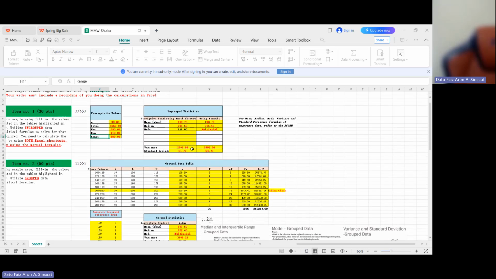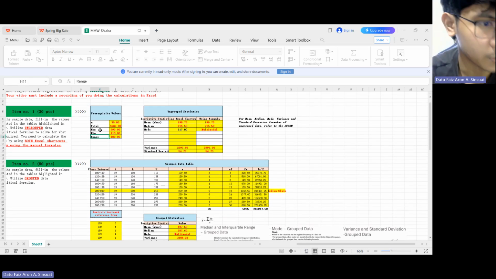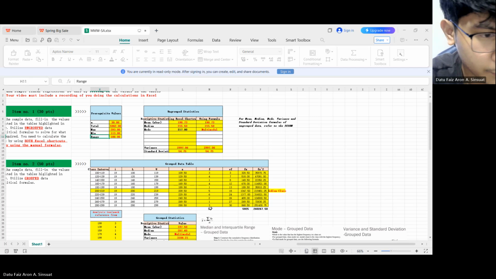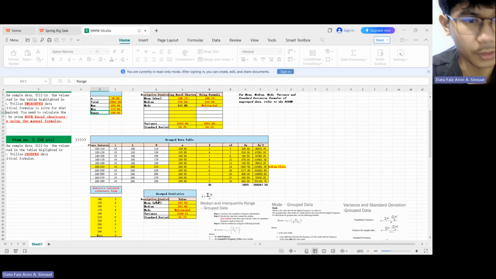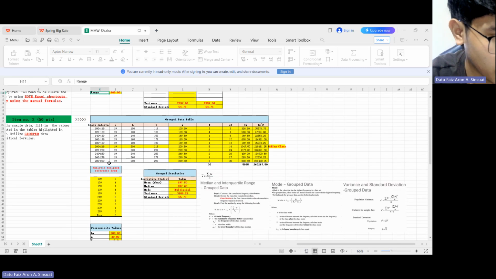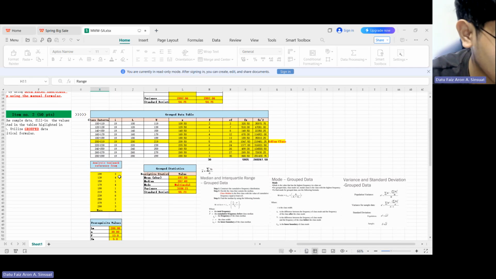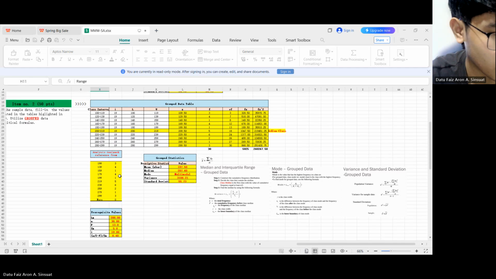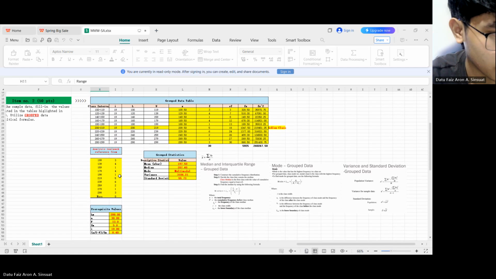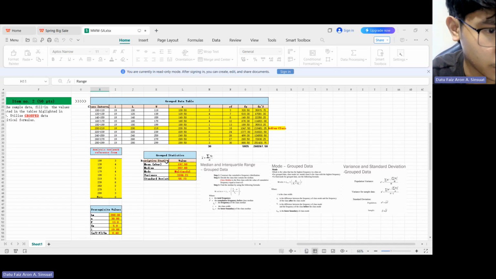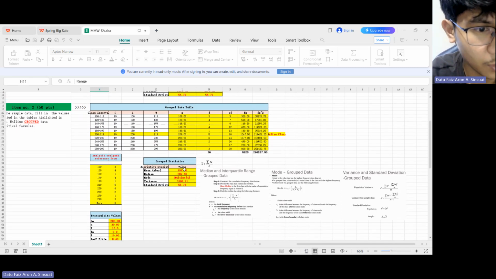The prerequisite values: total, max, min, range, and then group statistics: mean, median, mode, variance, and standard deviation. The group data table, the class interval, the Analysis ToolPak reference, from top to bottom, and the group statistics, the descriptive statistics value.